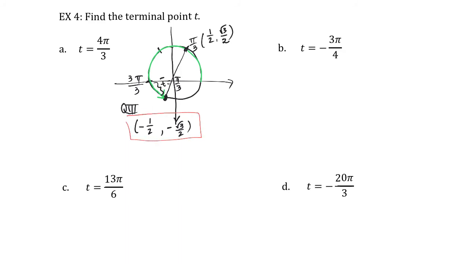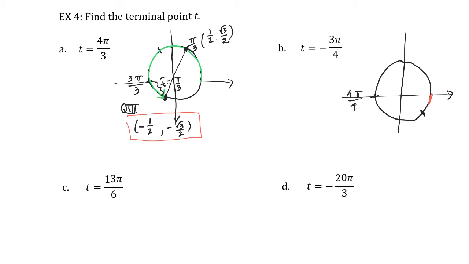Okay, let's look at this next one. So negative 3 pi over 4. Okay, counting, first of all, I'm going clockwise because it's negative, and so counting in fourths. This is pi, counting in fourths.